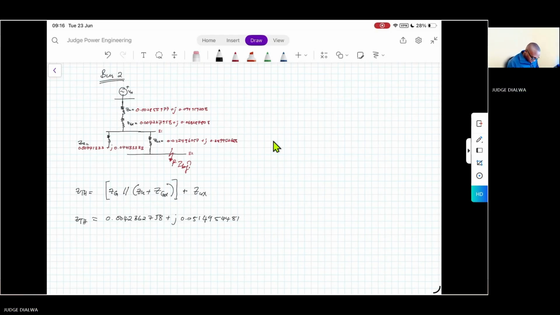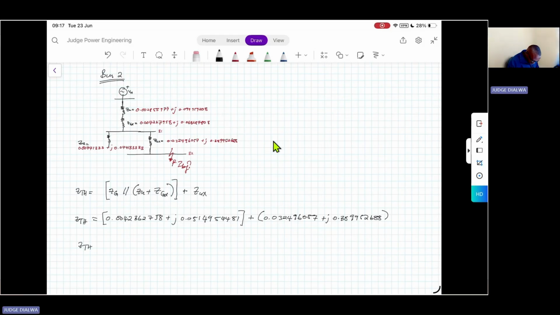So this will be in series with the impedance of our unit transformer, which is 0.032496057 plus j0.38995268.